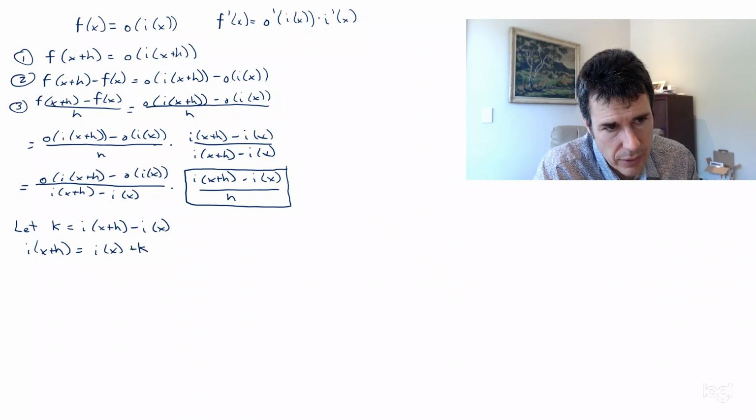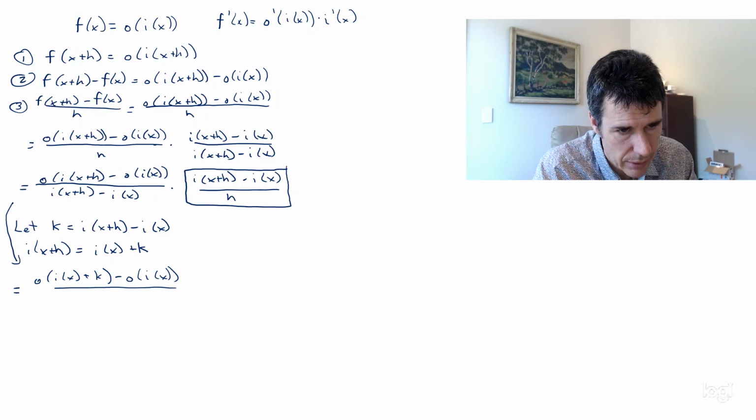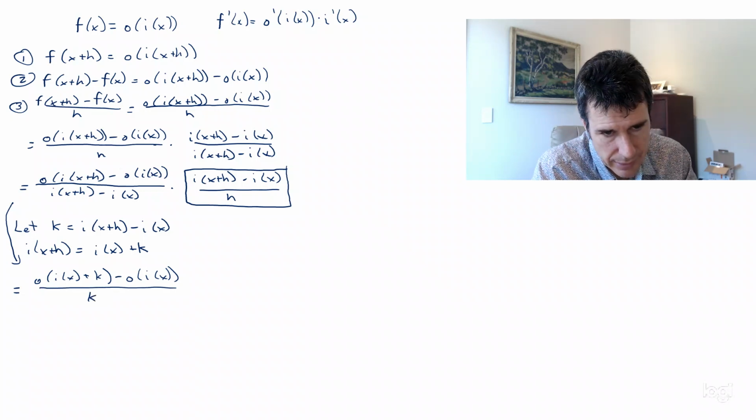So this first term we're going to be able to rewrite as O of I of x plus k minus O of I of x, all divided by k. Second term we leave alone, I of x plus h minus I of x divided by h.